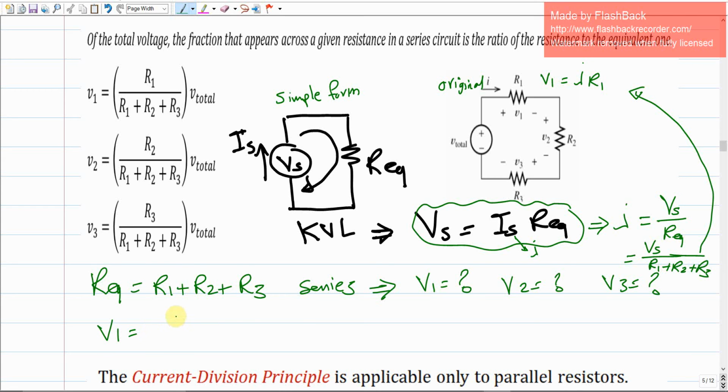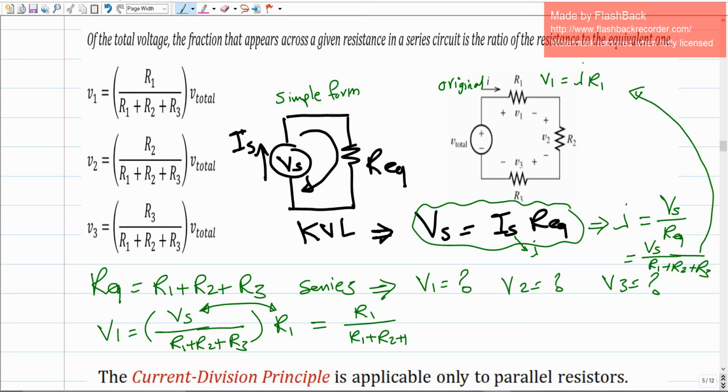So it's going to be Vs divided by R1 plus R2 plus R3, agree, times R1. So let us consider Vs as a common factor. We're going to end up with R1 over R1 plus R2 plus R3 times Vs.